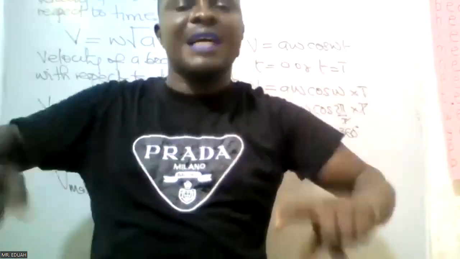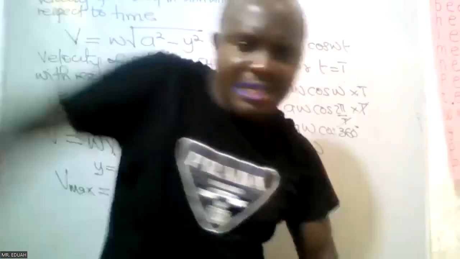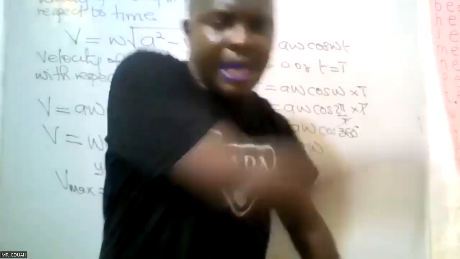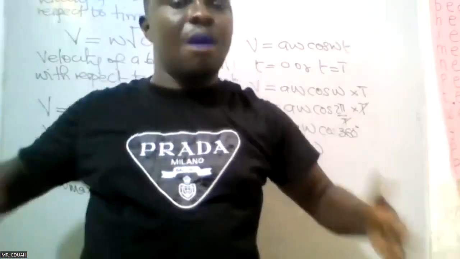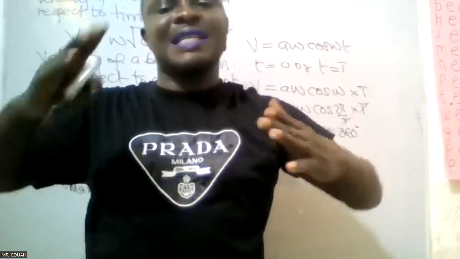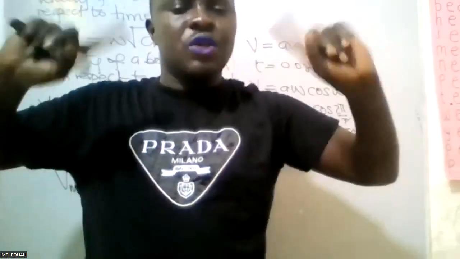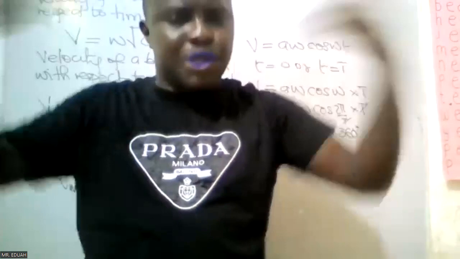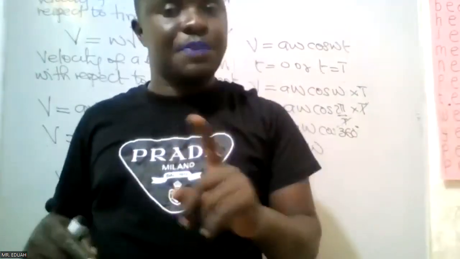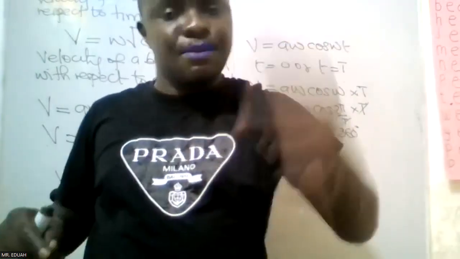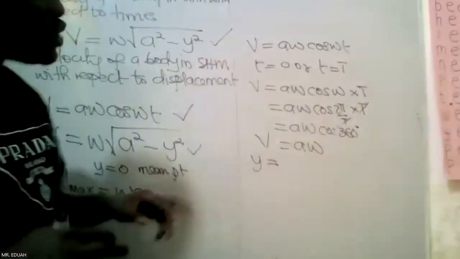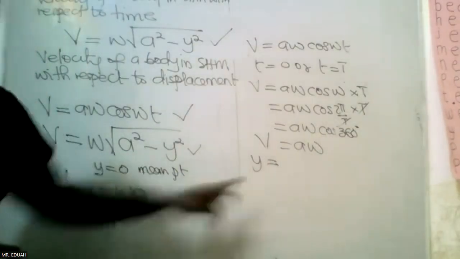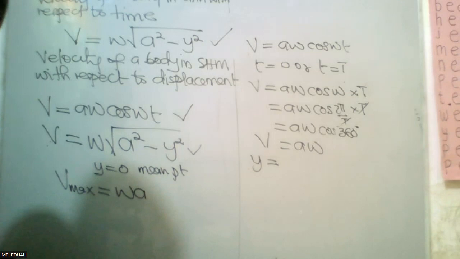You say it occurs at the extremes. There are two extremes, okay? The minimum velocity occurs at the extremes. Do not mention the amplitude. The amplitude is the maximum displacement. So at the extremes, the displacement is equal to what?